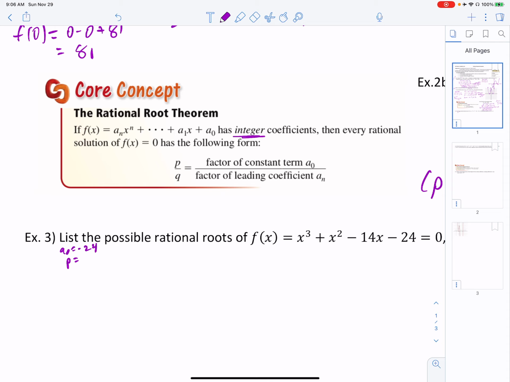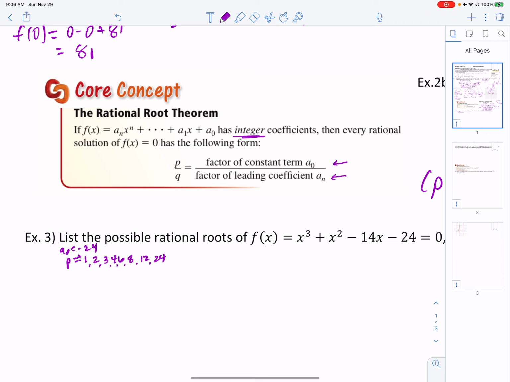And so we would write factors, p are going to be 1 times 24, or 2 times 12, or 3 times 8, or 4 times 6. Those are all the possible factors of 24. And on all of these, they're going to be plus or minus. And so those are the things that are going to go in the numerator.